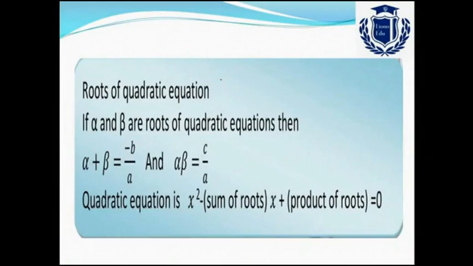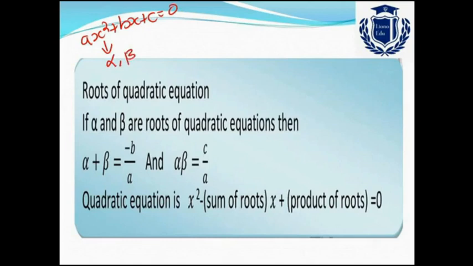Now let me get into the last topic, that is the relationship between the coefficients as well as the roots of a quadratic equation. Suppose you have a quadratic equation ax square plus bx plus c is equal to 0. And the solution of this quadratic equation be alpha comma beta, that is the two values of x.